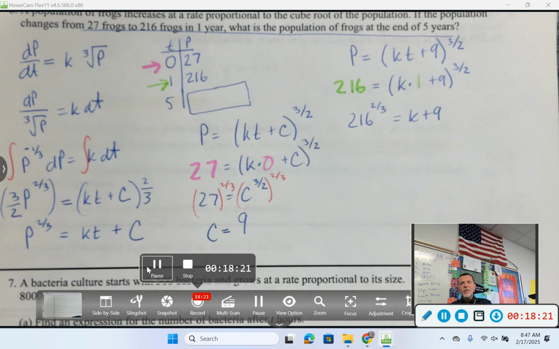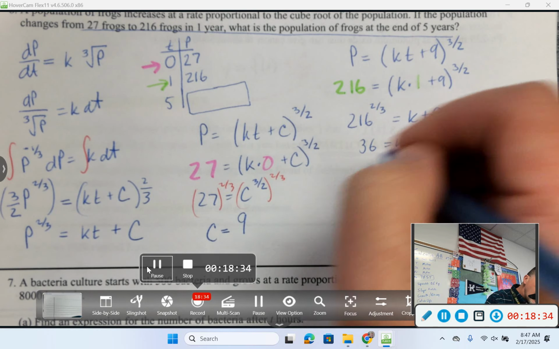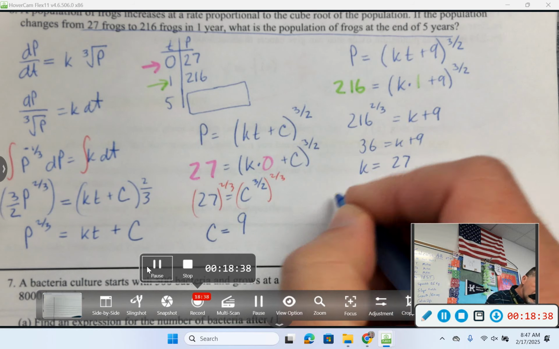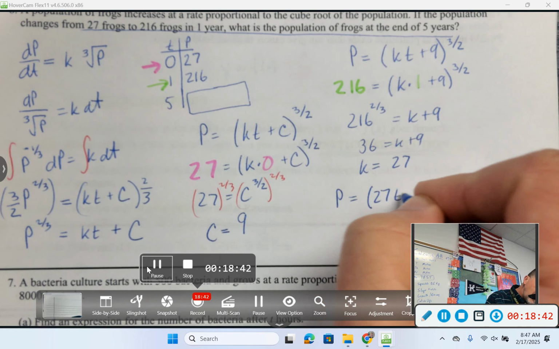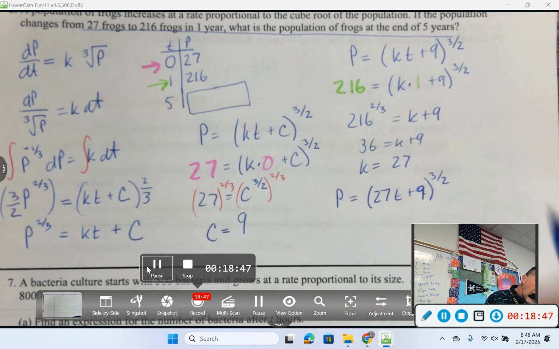You will have a calculator on part of the test, so on one like this you'd probably have a calculator. But do you know what the cube root of 216 is? 6. And then 6 squared is 36. So K equals 27. So P equals 27T plus 9 all to the 3/2.